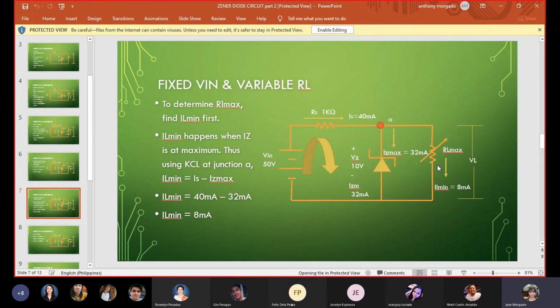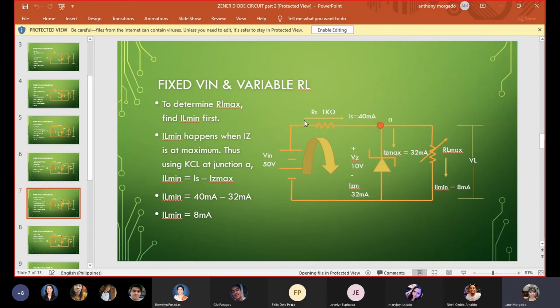To determine IL min, we must use KCL at junction A. Dito, di ba? Remember kanina? So we have KCL, summation current at junction A, such that current in minus current out is equal to 0.